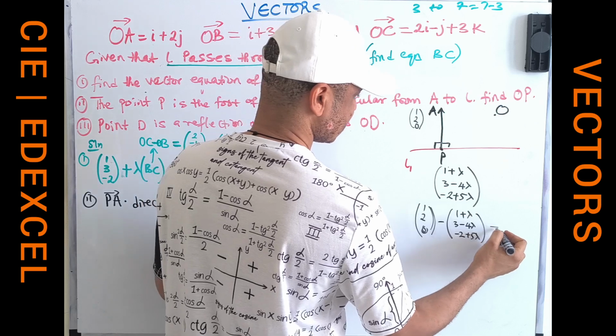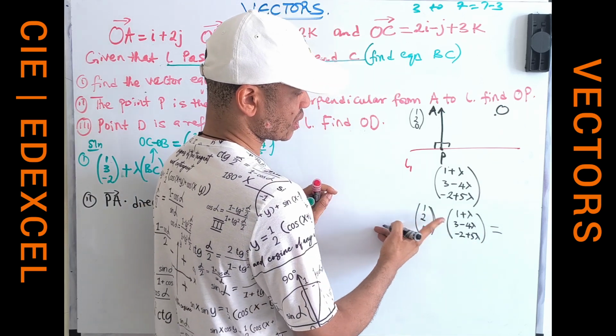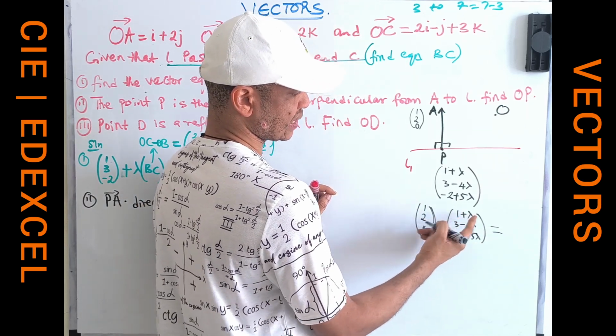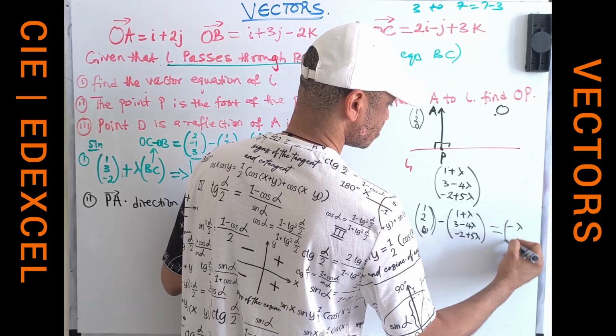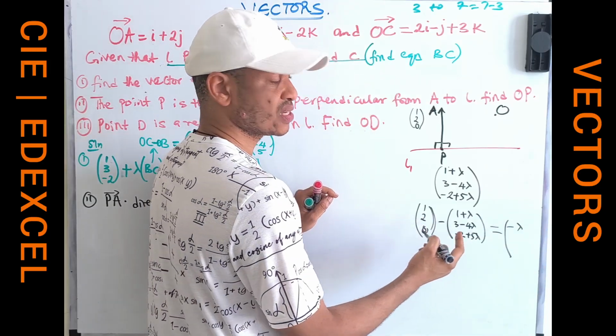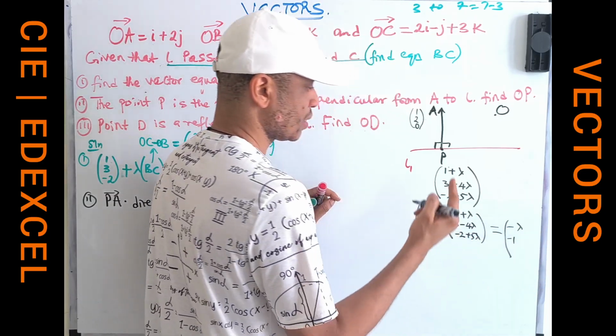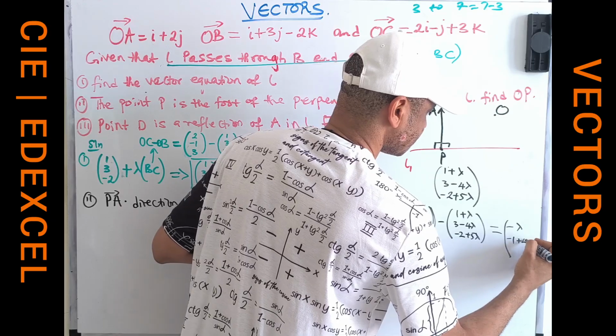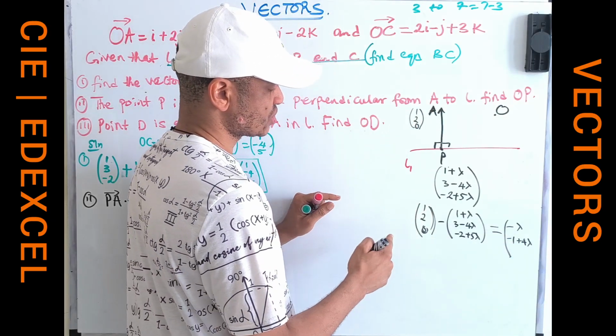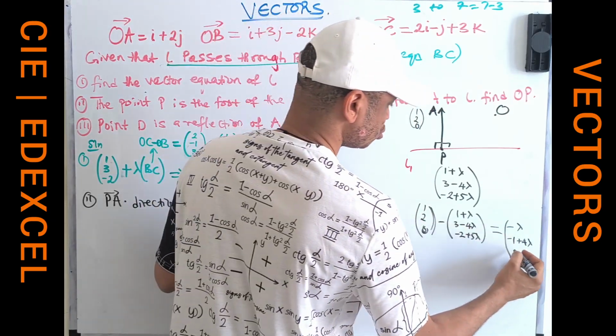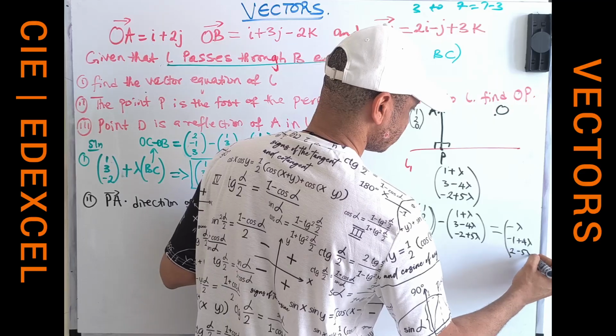So if I subtract them, I will get 1 minus, so this will be minus lambda. 2 minus 3 is minus 1, plus 4 lambda. 0 minus, so this should be 2 minus 5 lambda.